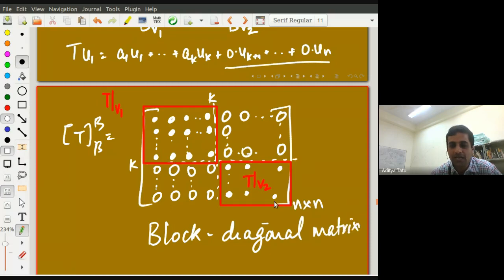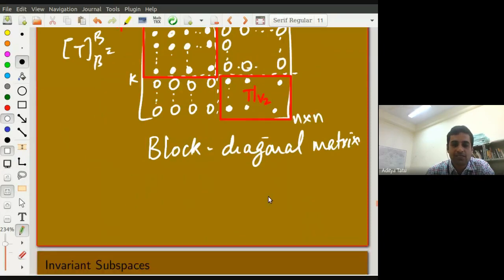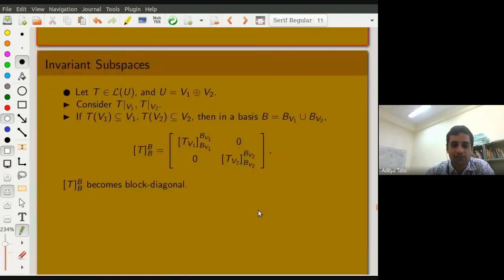So it is not diagonal, but if we look at it from a distance, it appears to be diagonal. But on the diagonal, you don't have only entries, you have smaller matrices. So that is what is block diagonal.